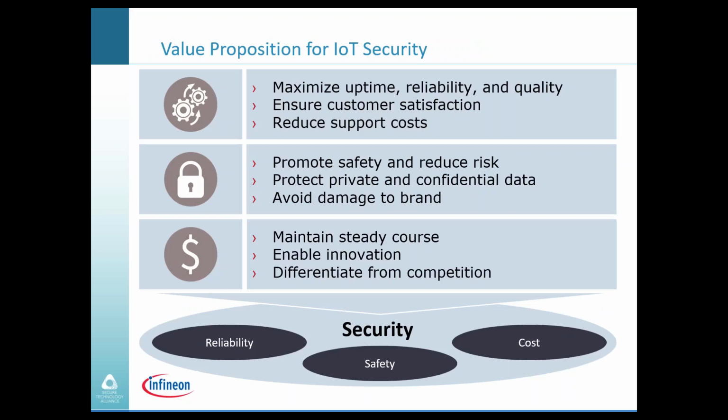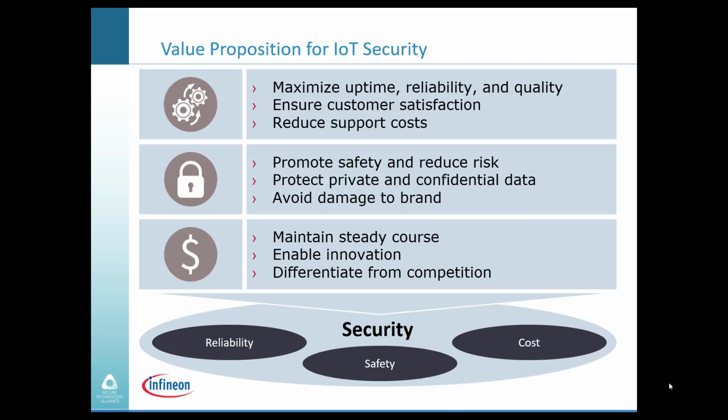Next slide. I'd like to end my section of the presentation by talking about the value proposition, or you could say the business case for IoT security. It rests on 3 fundamental pillars: reliability, safety, and cost. These are things that every business needs to be concerned about.